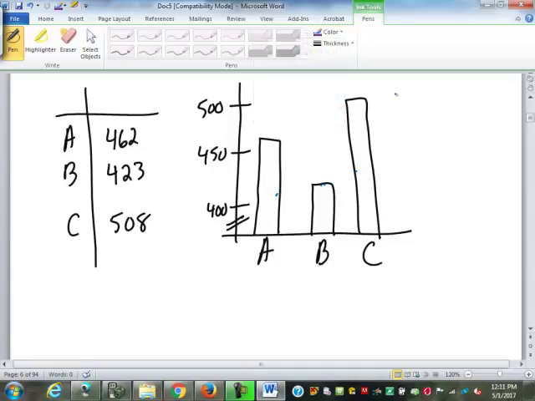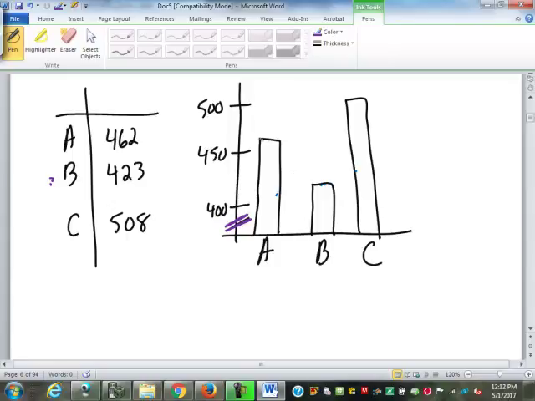Yes, hospitals A and C have more patients than hospital B, but not double or triple. The reason it looks like it here is because of this symbol on the axis, which means we skipped several numbers.